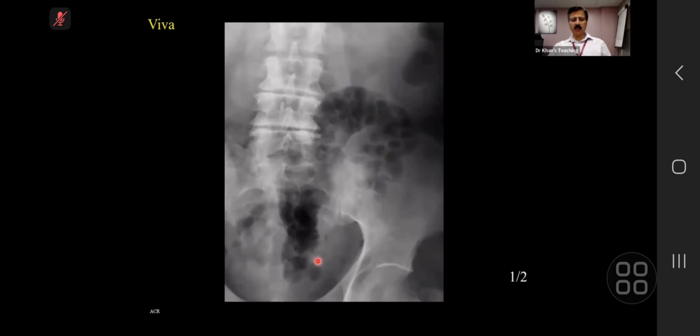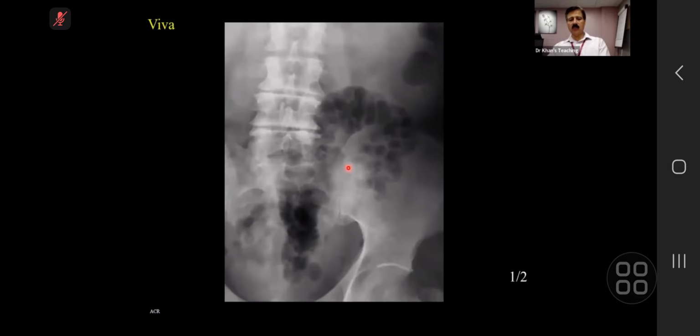And the key thing is that some of them, when you see tangentially, are projecting outside. Now, if you see this contrast examination, it will tell you what is happening. These are multiple air bubbles. Now, develop your eyes on the finding here. Tangentially, you can see that there is an air bubble here, and look at them. They are projecting beyond the wall.